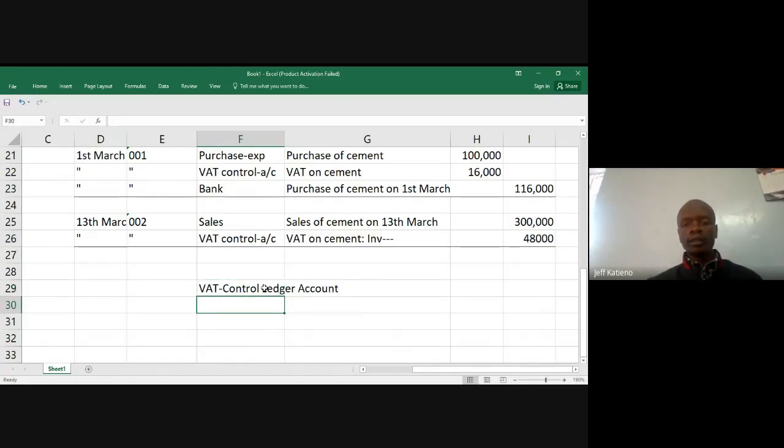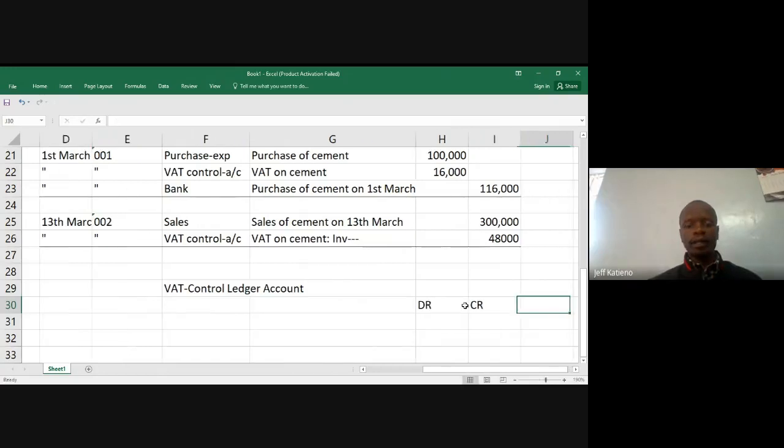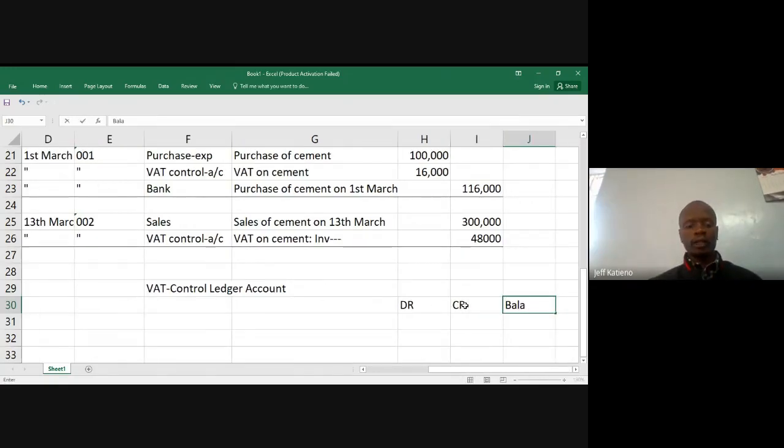You'll have debit, credit, and balance. Let me use this format, not the T format. I know you're aware of the T format, but this format is more practical.